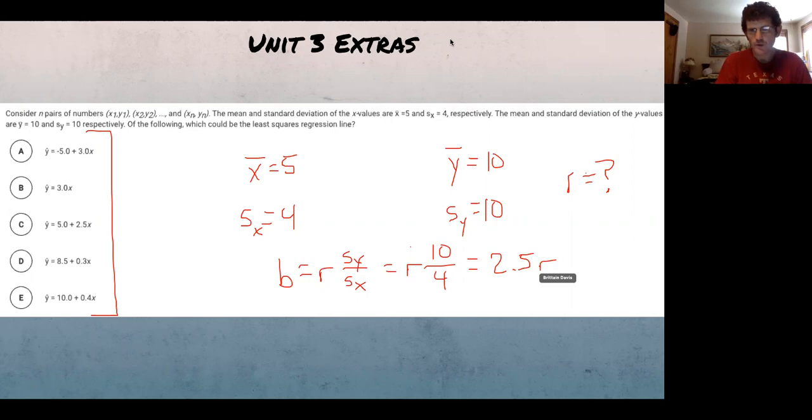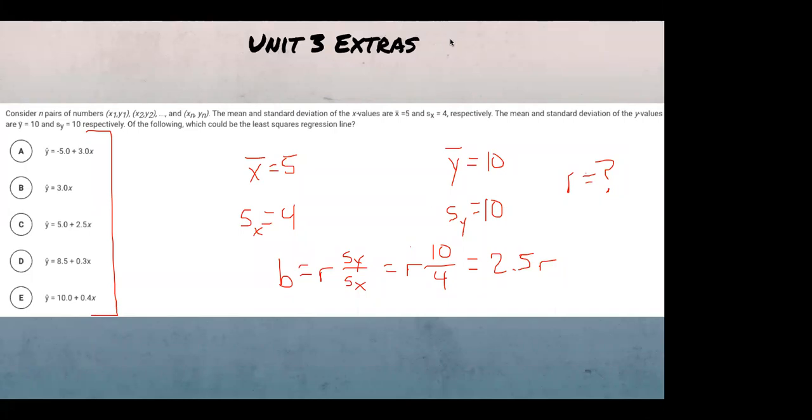And what do we know about the correlation coefficient? What's one thing important we know about the correlation coefficient? What's the biggest value our correlation coefficient could be?